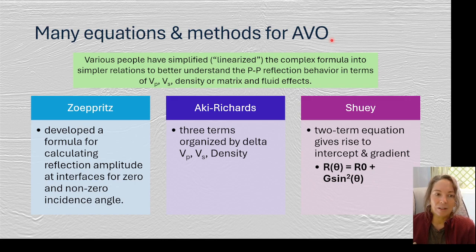Years later, Aki and Richards broke down and rearranged the Zoeppritz equations into 3 terms, which make a little more intuitive sense to geologists. He organized them into terms that represent VP, VS, and density. Shuey also has a 2-term equation, again a rearranging of the original Zoeppritz equations, which simplifies it into a term that represents the intercept and a term that represents the gradient.